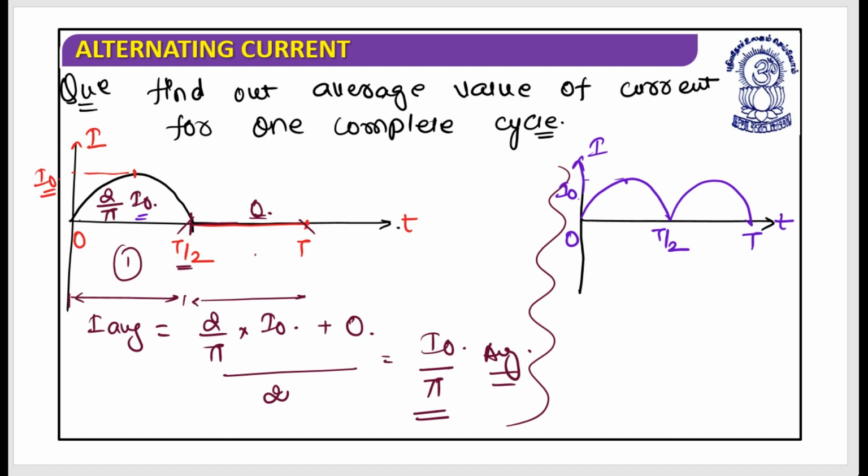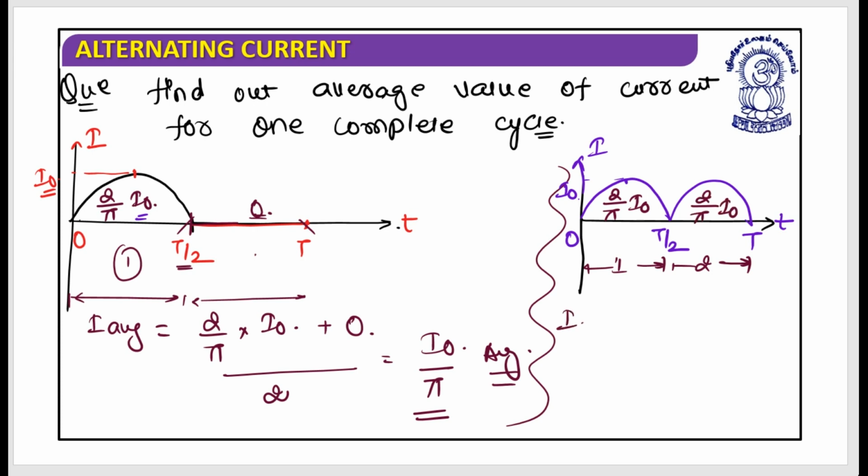How to do this? Now I must understand that this is the first segment and this should be the second segment. Find out the individual averages first. So this would be 2 by pi I naught. Again this would be 2 by pi I naught.